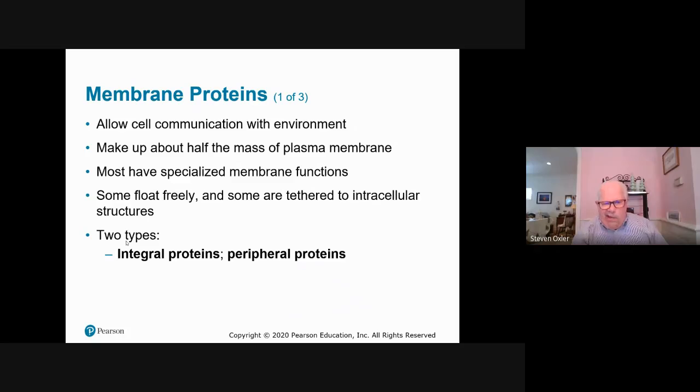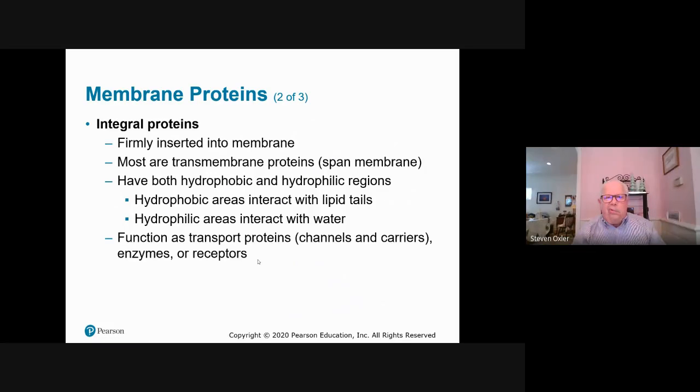On the membrane, there are membrane proteins. These membrane proteins communicate with other cells and the environment. They have membrane function, and there are two types: integral proteins and peripheral proteins. Integral proteins, they are firmly inserted into the membrane.